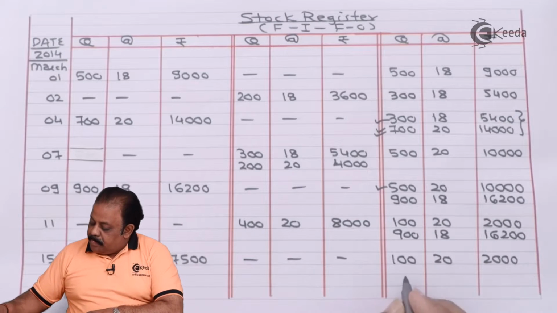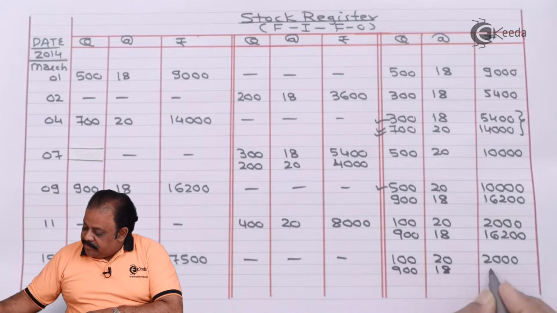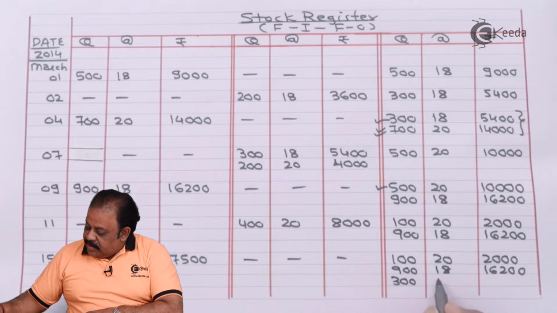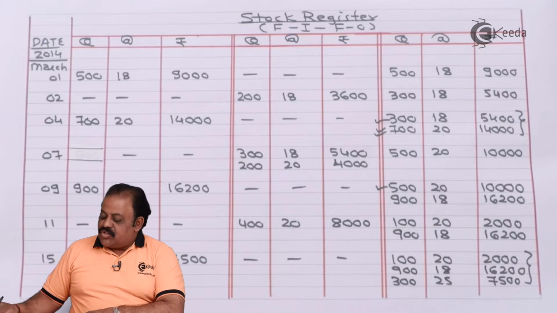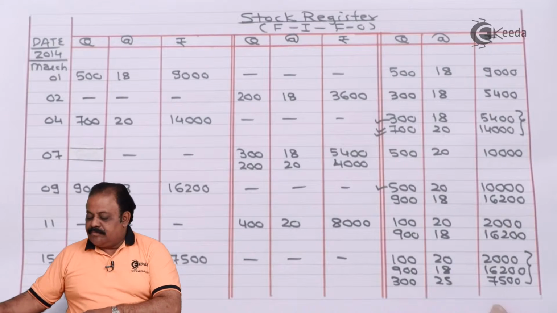Amount is 2,000. Next 900 units at the rate of 18, 16,200. Now fresh purchase 300 units at the rate of 25, 7,500. So now we have three stocks: 100 units, 900 units and 300 units.